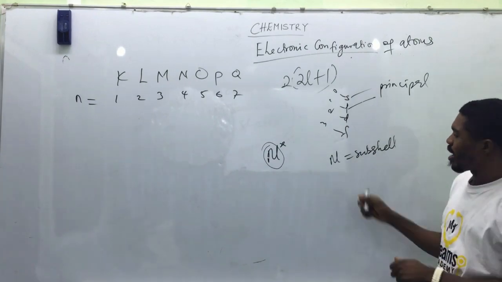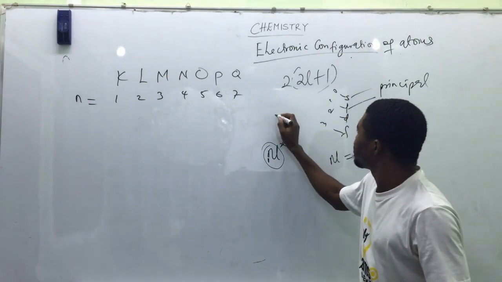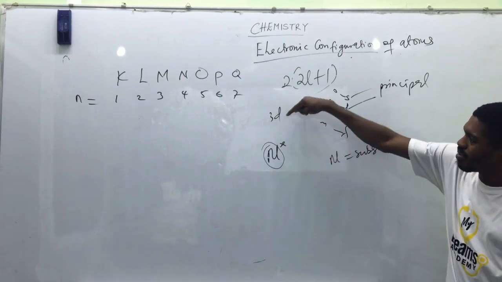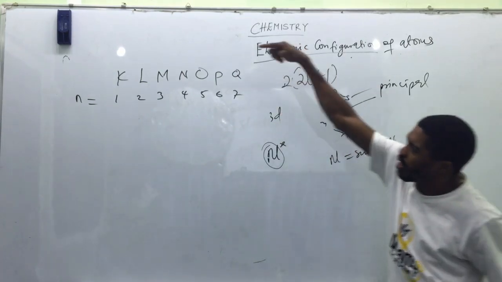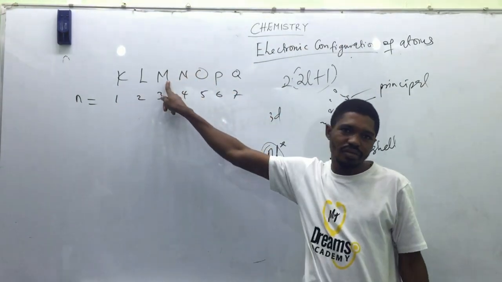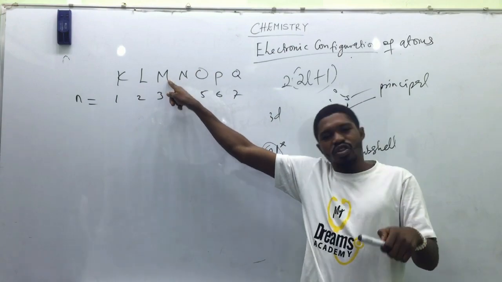So if I write, for example, 3d, what this means is a subshell. And this 3d is a subshell of the M shell.